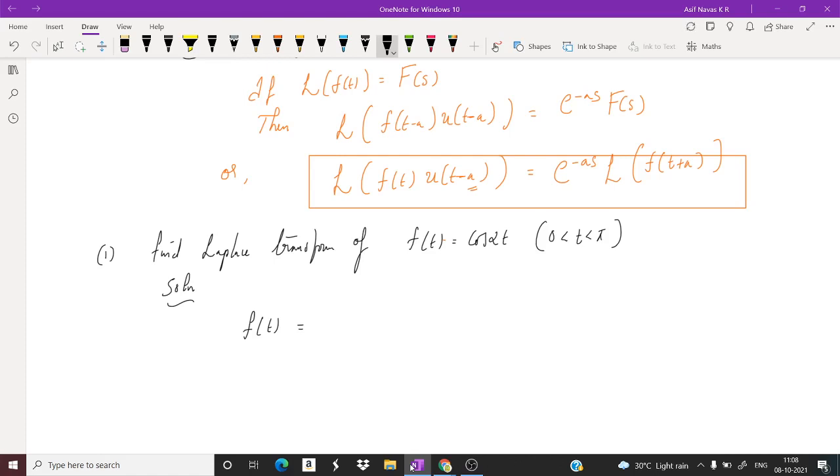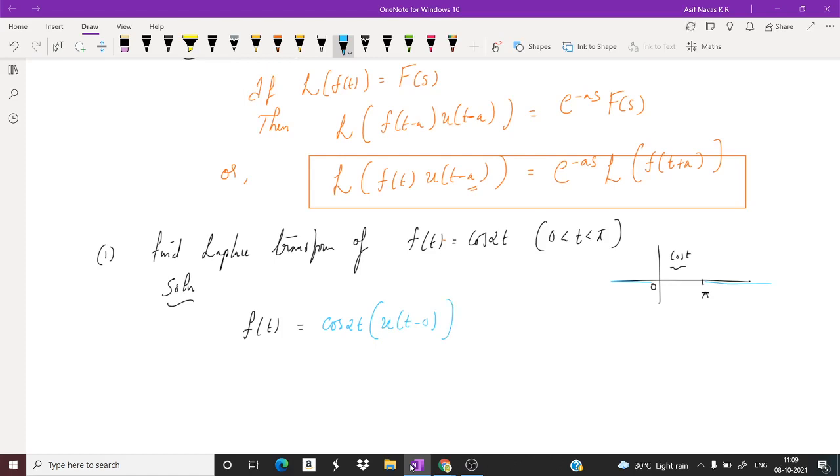So in the interval 0 to pi the value is cos 2t, and for all other values the value is 0. So how to write this? We can write it as cos 2t into u of t minus 0.